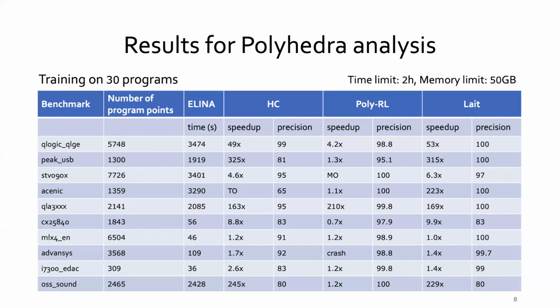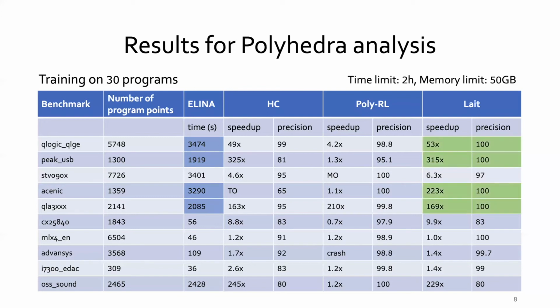For each benchmark, we show the number of program points, and the time spent on analysis with ELINA. Then for HC, Poly-RL and Lait, we show the speedup over ELINA and the precision of the inferred invariants. We highlight 4 programs in blue that are expensive to analyze with ELINA.